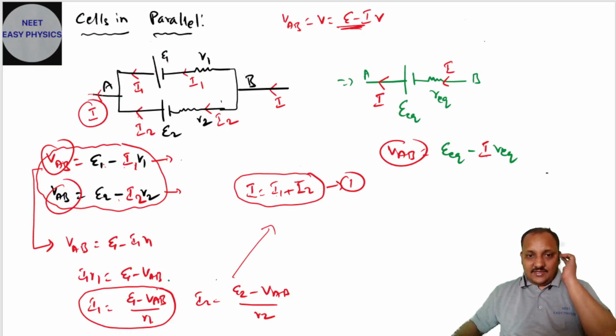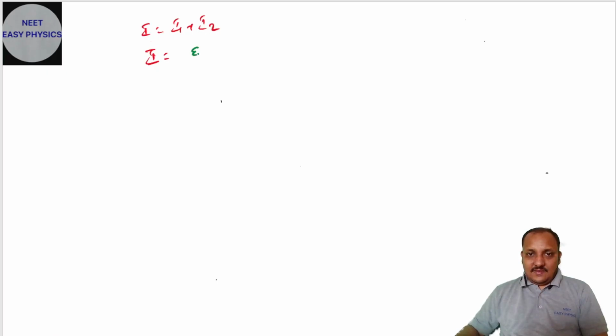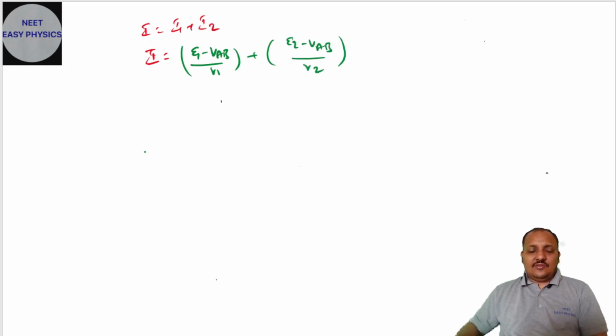So I is equal to I1 plus I2. In the previous slide, what is I1? (E1 minus VAB) by R1. So I is equal to (E1 minus VAB) by R1 plus (E2 minus VAB) by R2.